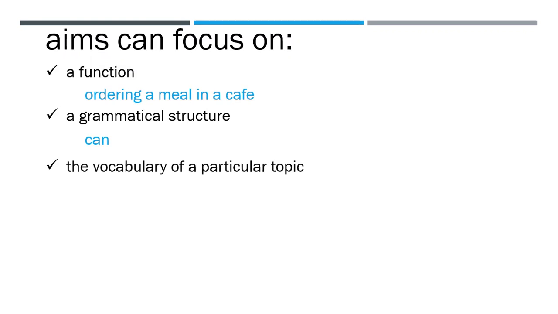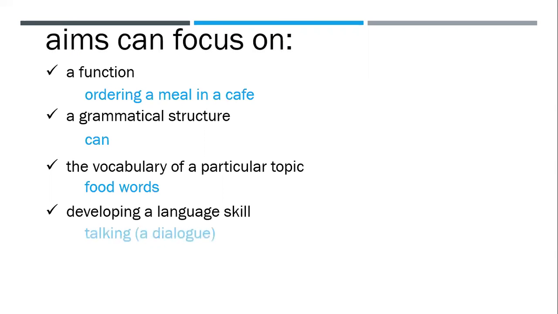The vocabulary of a particular topic, for example, learning the food words, or developing language skills, for example, talking or making a dialogue. Again, it would be great if you make not just an abstract dialogue, but a dialogue on some topic. For example, a dialogue in a hospital or a dialogue in a taxi cab.